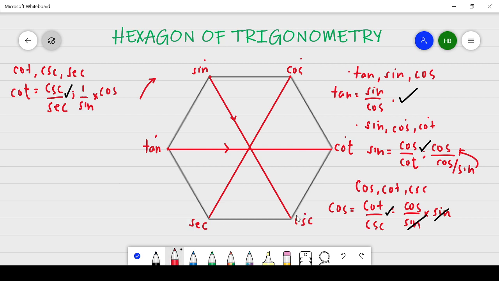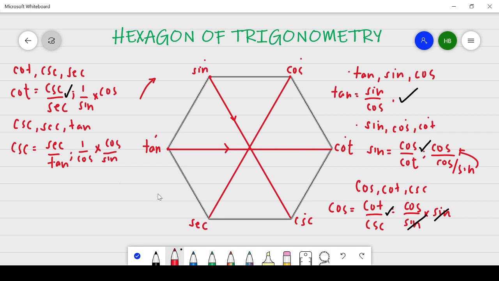So, ayan, nakakarami na tayo, guys. So, how about this cosecant? So, pick 3 consecutive functions again in clockwise approach. Cosecant, secant, tangent. Alright. So, you have cosecant is equal to secant over tangent, which is 1 over cosine for the secant, and tangent is equal to sine over cosine, kasi yung tangent mo pinalalim mo dun.